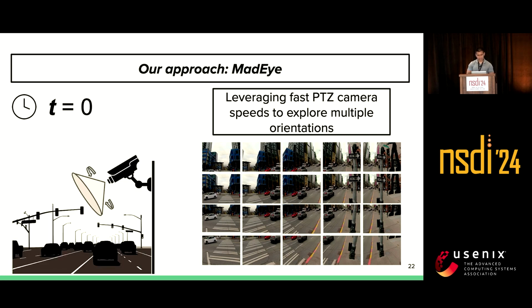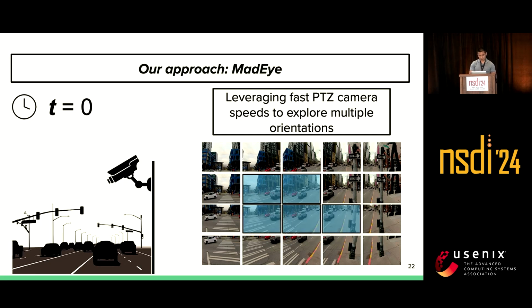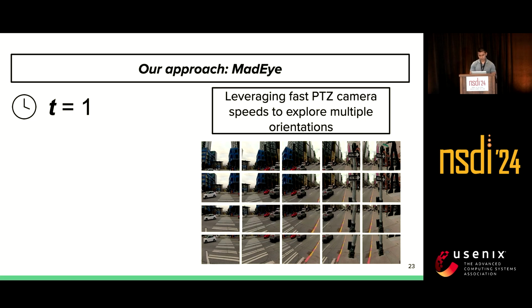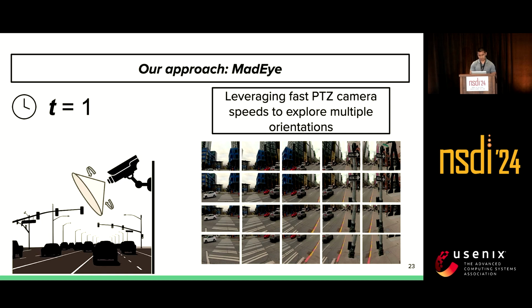So we use the camera to retrieve images from different rotations and different zoom vectors. And we then use on-camera ML techniques to choose the most optimal orientation to send to the server for inference. In other words, the orientation that would yield the highest accuracy. And we repeat this for each time step.